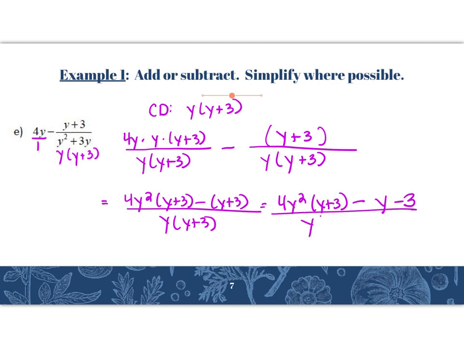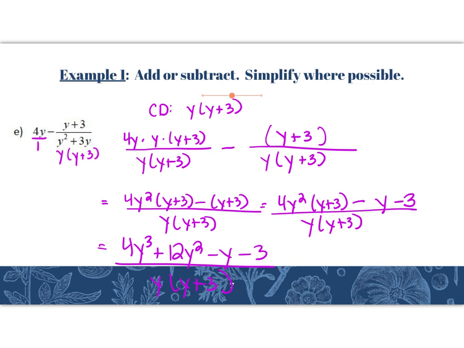And then now I need to do, I don't know why I didn't do the multiplication. So 4y squared times y is 4y cubed plus 12y squared minus y minus 3 all over y times y plus 3. And then I need to see if we can factor this.